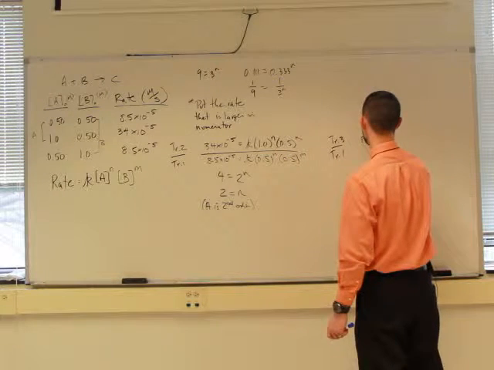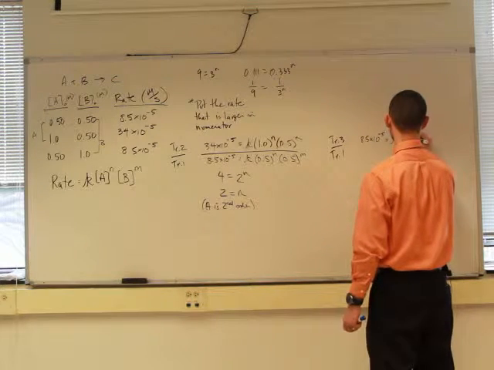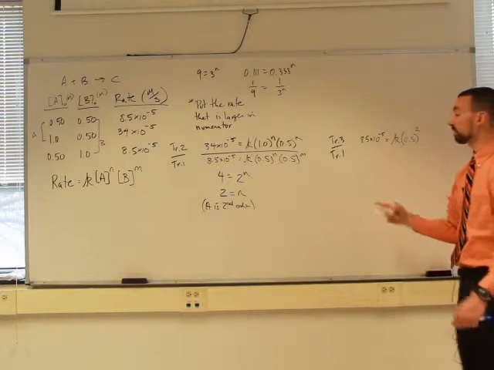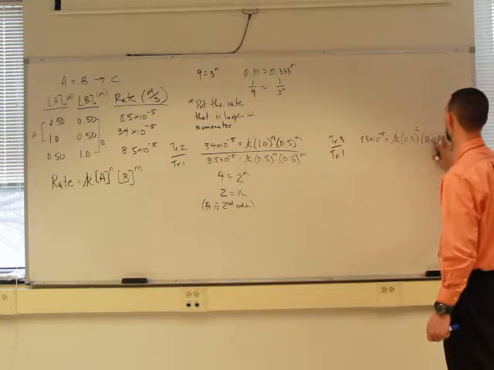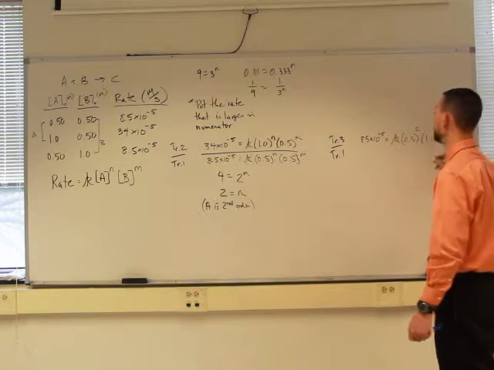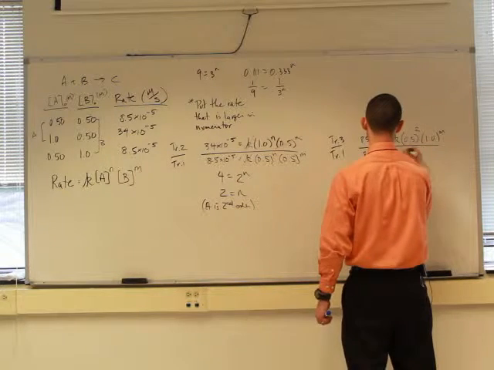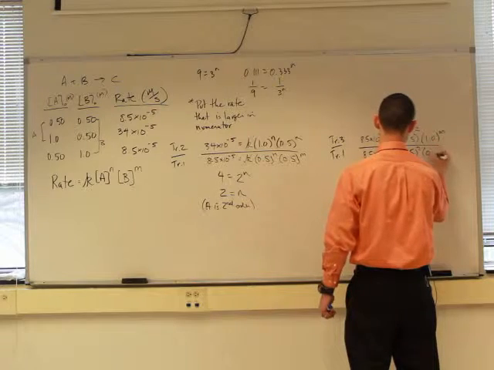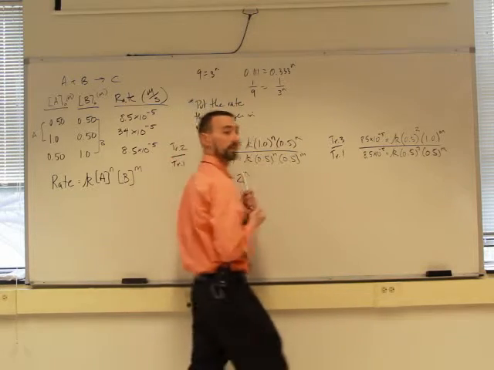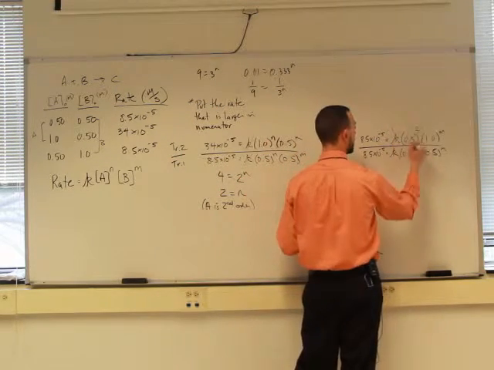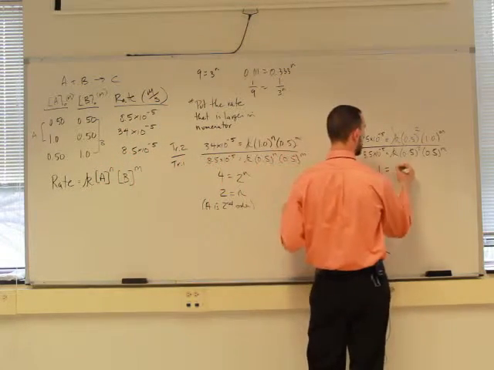So this would be 8.5 times 10 to the minus 5 equals K times 0.5 squared, I can put squared in there now because I know it's second order for A, times B, which is 1 in this case, to the M, divided by 8.5 times 10 to the minus 5 equals K, 0.5 squared times 0.5 to the M. Again, the K's drop out. This time the A values, the 0.5 squared, drop out. What do I get? 1 equals 2 to the M.